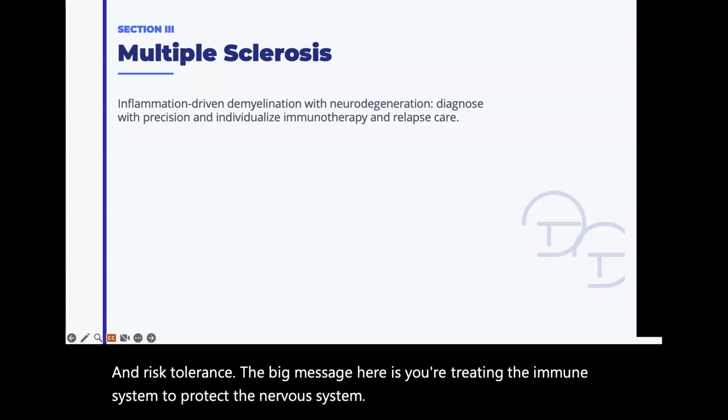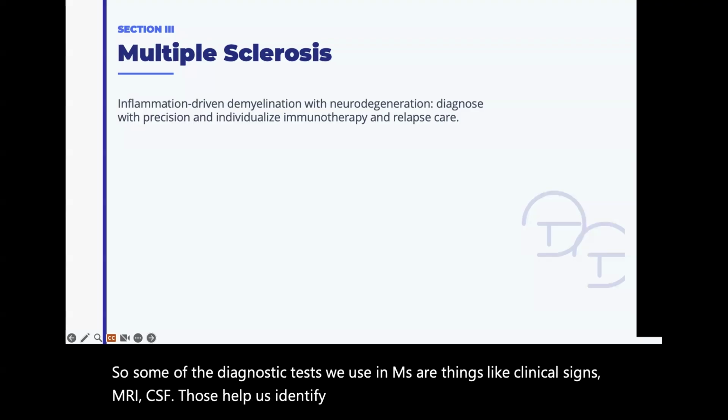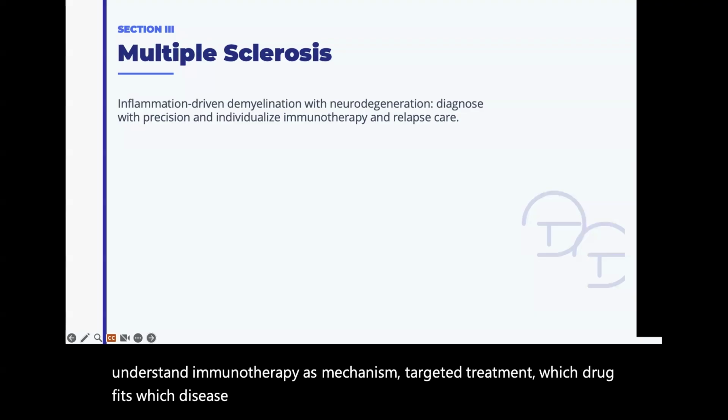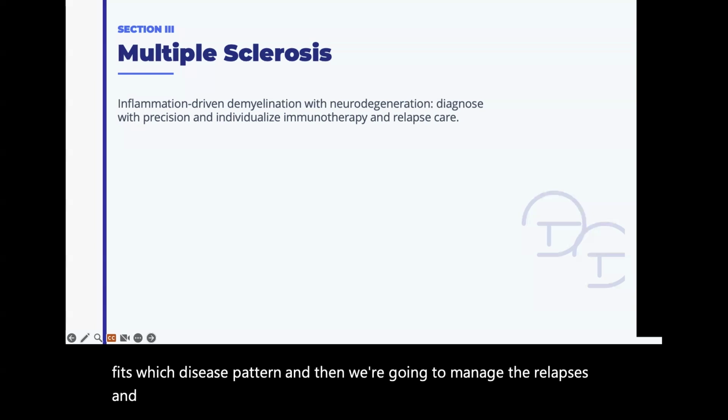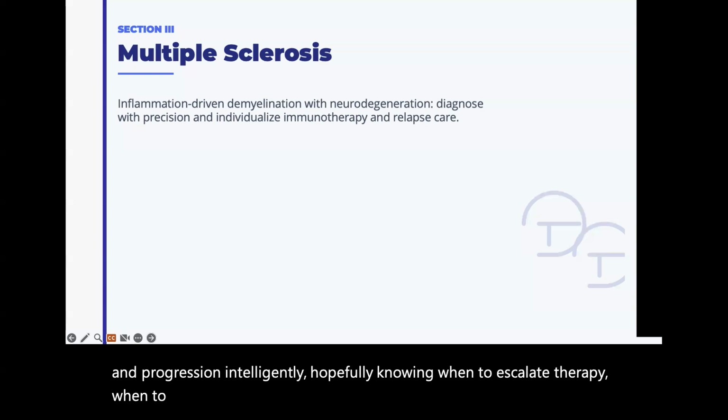So some of the diagnostic tests we use in MS are things like clinical signs, MRI, CSF. Those help us identify the red flags, and then we try to understand immunotherapy as mechanism-targeted treatment, which drug fits which disease pattern, and then we're going to manage the relapses and progression intelligently, hopefully, knowing when to escalate therapy, when to switch class, how to monitor safely.